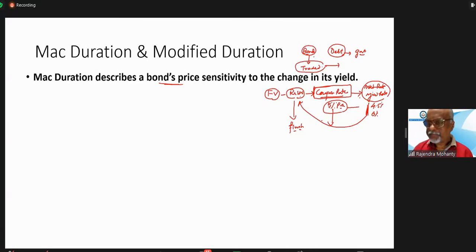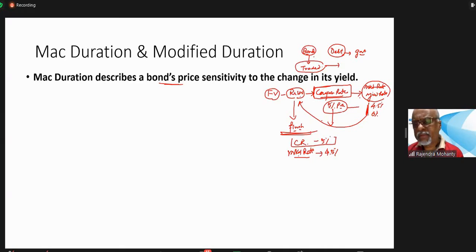So in such a case, always remember one basic fundamental thing, about the coupon rate and the market rate. Today the market rate is say 4.5% and the coupon rate is say 5%.